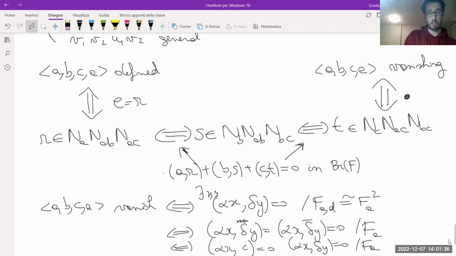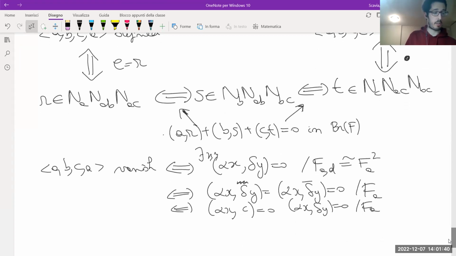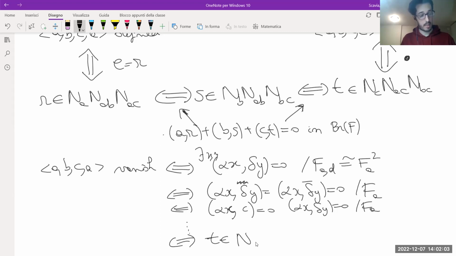There is still a lot of work, and in particular at some point we have to use the theory of Albert forms attached to biquaternion algebras to solve this system of two equations. After a lot of work, magically this condition appears, that T is in NC, NAC, and BC.